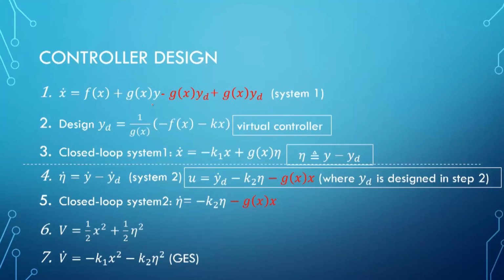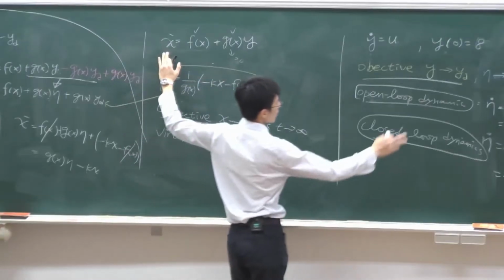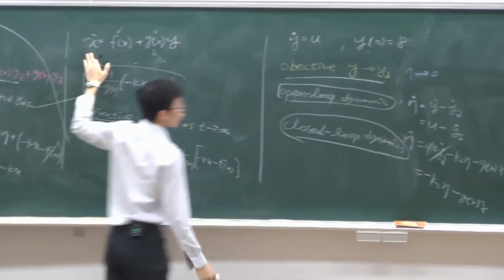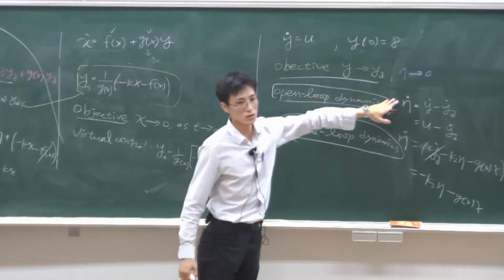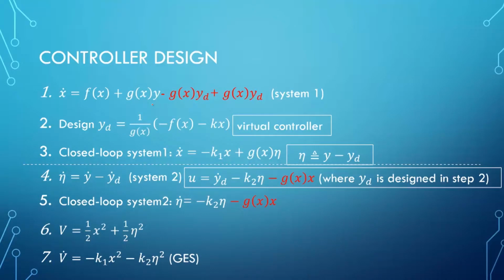We design a Lyapunov function, which is a function of x and eta, because you want x to go to 0 and you want eta to go to 0. You take the time derivative of v, substitute both closed loop dynamics, and you get v dot negative definite.